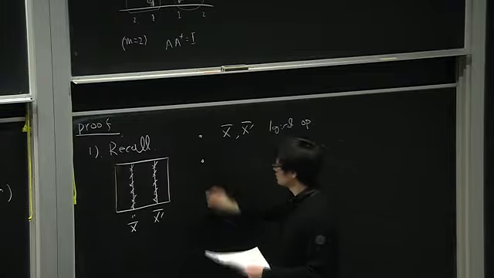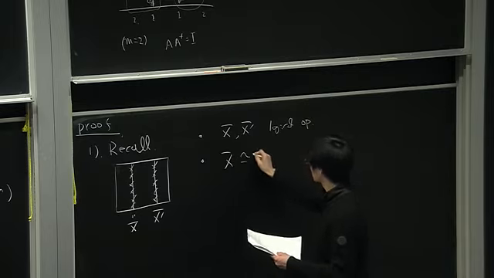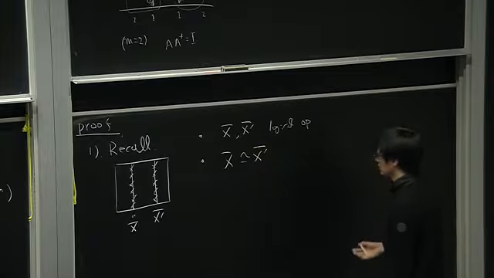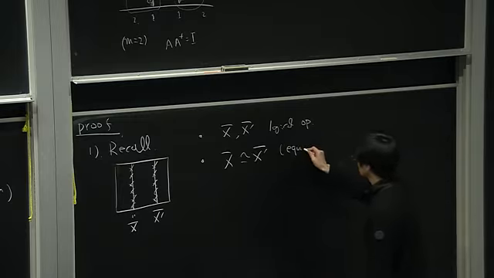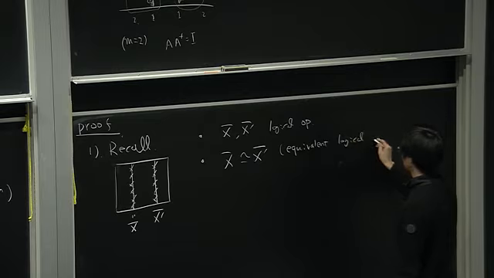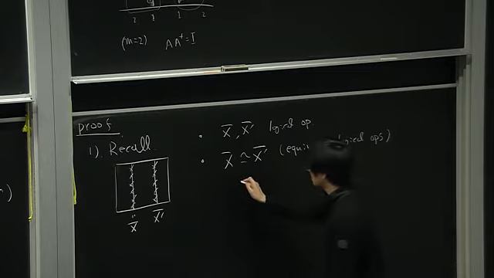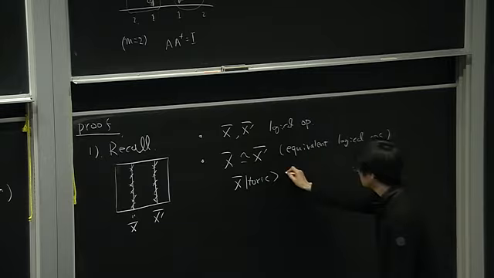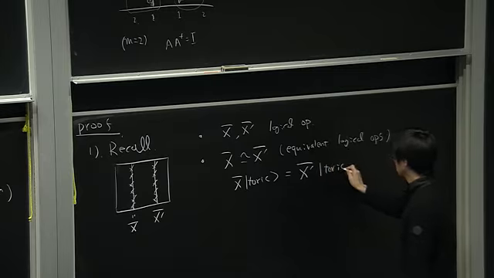But at the same time, these operators are equivalent to each other in the sense that they act in the same manner inside the codeword space. A more precise way to state this is: X bar acting on the toric code ground state, here toric code means any ground state, is just equal to this.